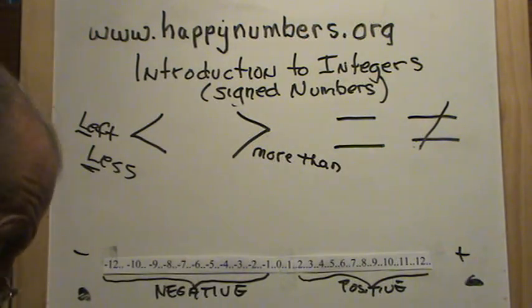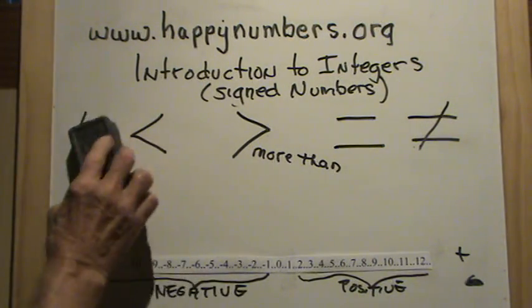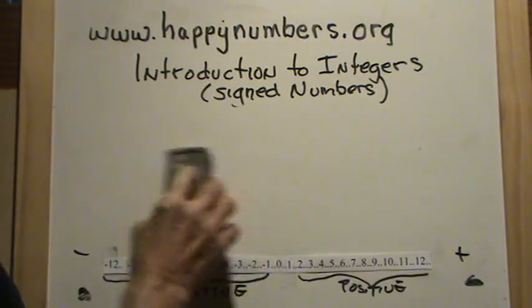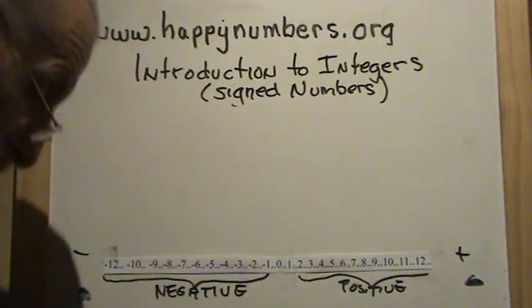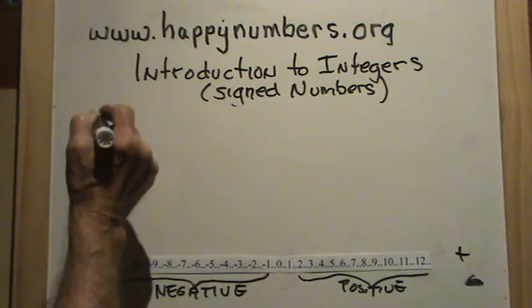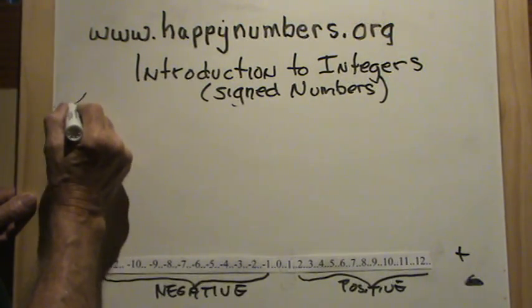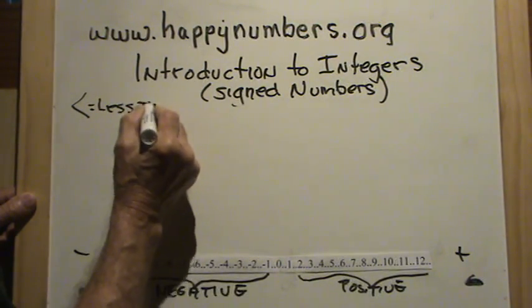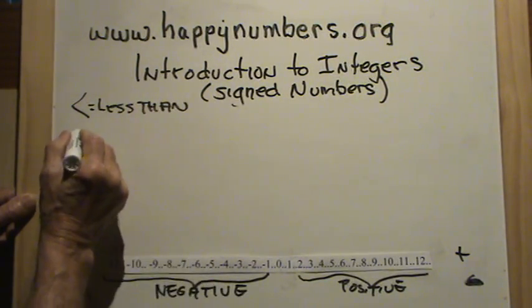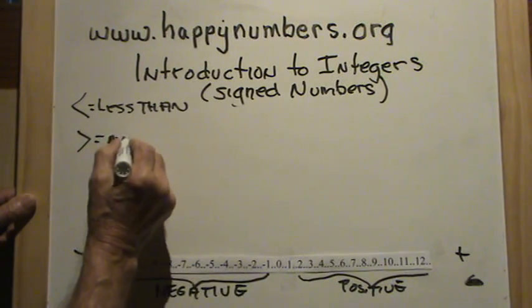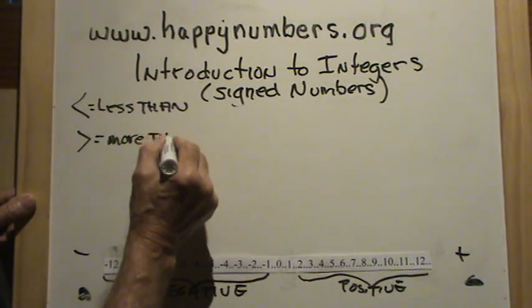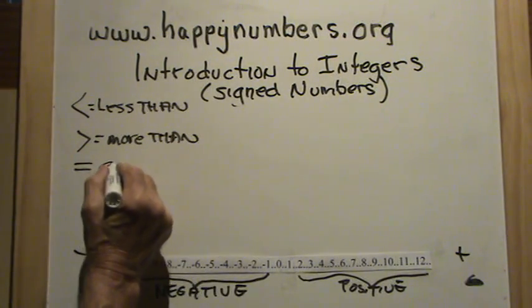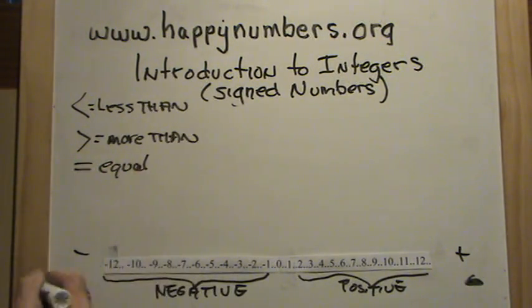So let me put them here for you. This equals less than. This is more than. This is equal to.